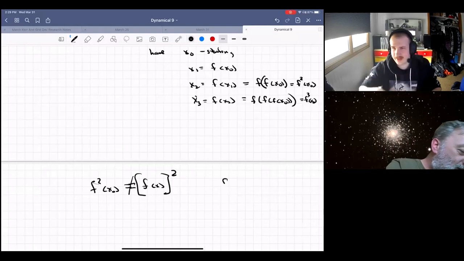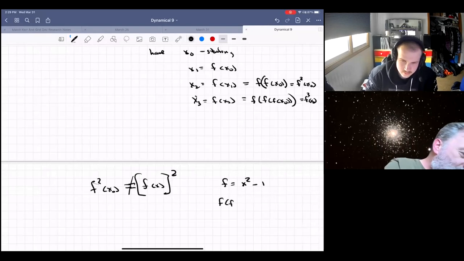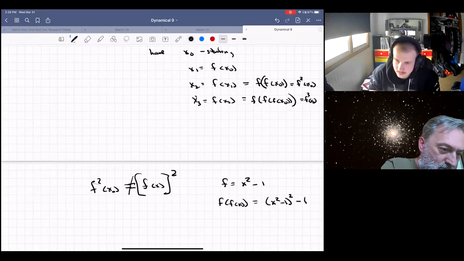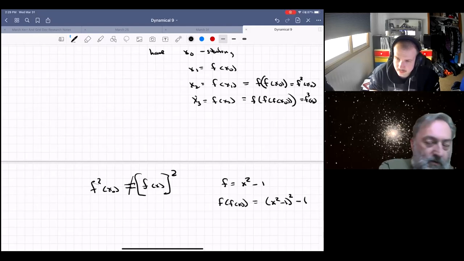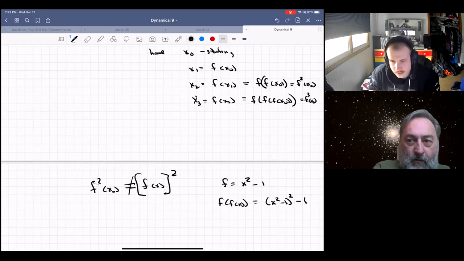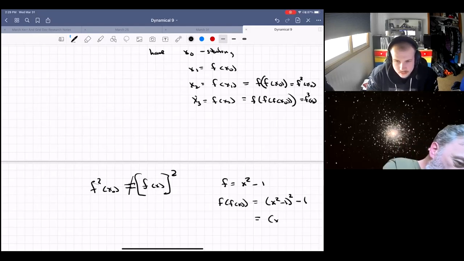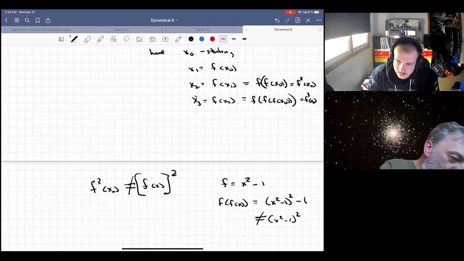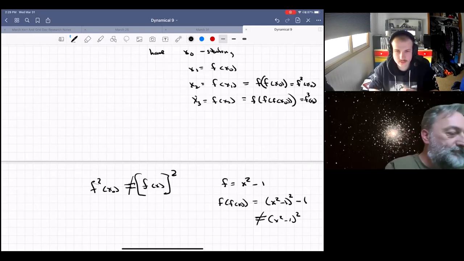Yeah, so like if f is x squared minus 1, f of f of x would be x squared minus 1 squared minus 1. Yeah, that's right. Which is not equal to x squared minus 1 squared.